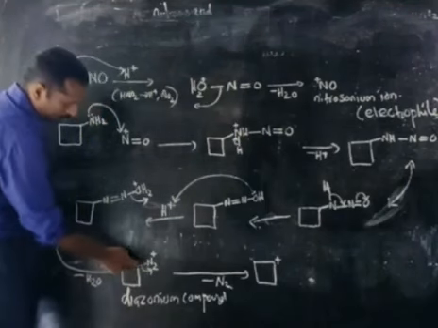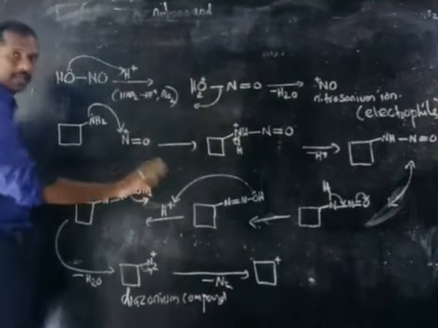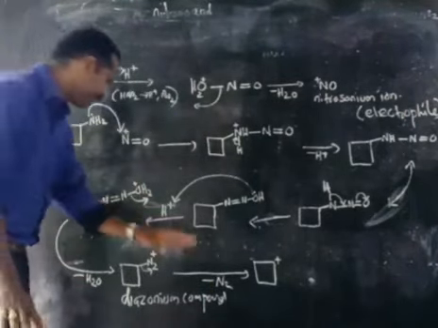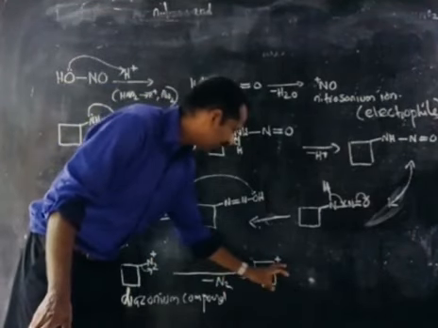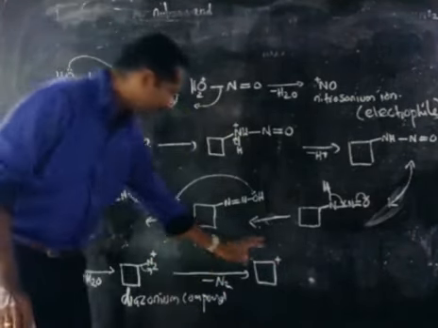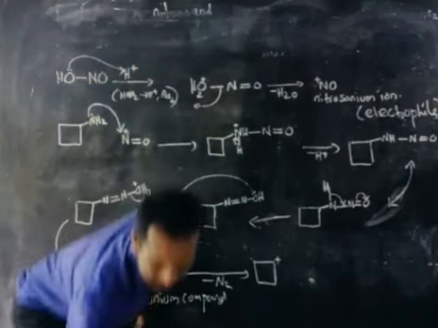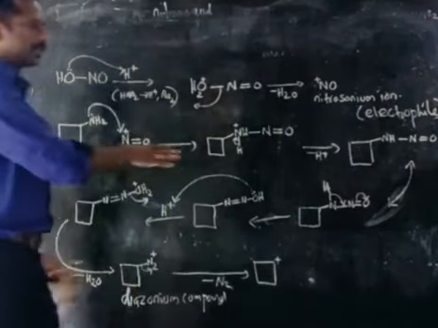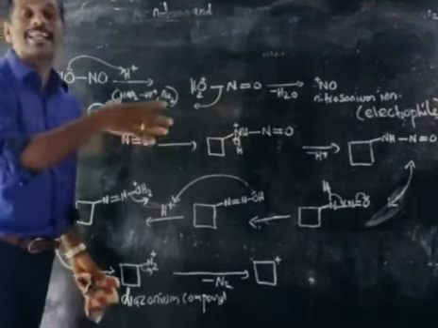Now in the next step, immediately nitrogen gas will be evolved out, N2 will be eliminated, and you are getting an alicyclic cation. Here it is cyclobutyl cation. This is the first step, this is the way the cyclobutyl cation is forming.